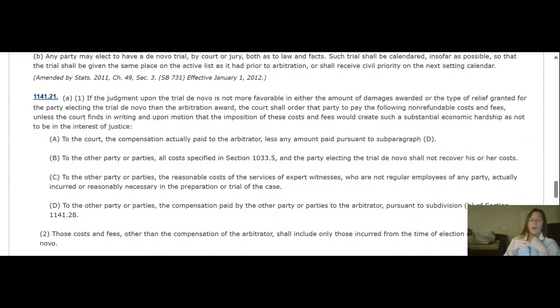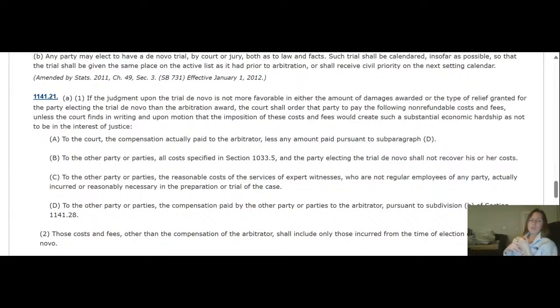1141.21 A1. If the judgment upon the trial de novo is not more favorable in either the amount of damages awarded or the type of relief granted for the party electing the trial de novo, then the arbitration award, the court shall order that party to pay the following non-refundable costs and fees, unless the court finds in writing and upon motion that the imposition of these costs and fees would create such a substantial economic hardship as not to be in the interest of justice.